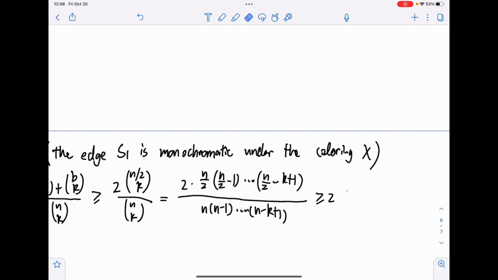And by the union bound, we can see that the probability that the random hypergraph has a proper two-coloring is less than or equal to the sum taken over all chi of the probability that each chi is a proper coloring.